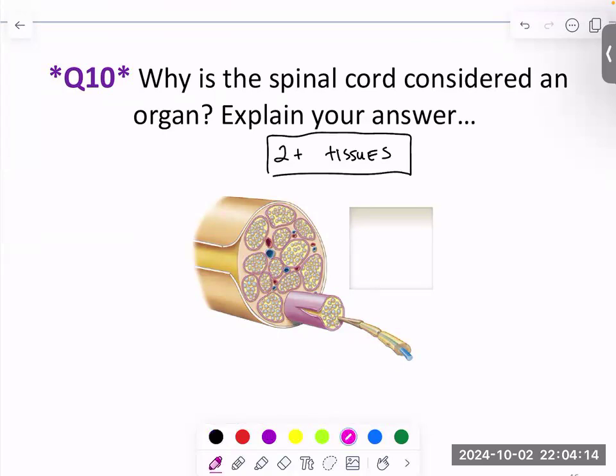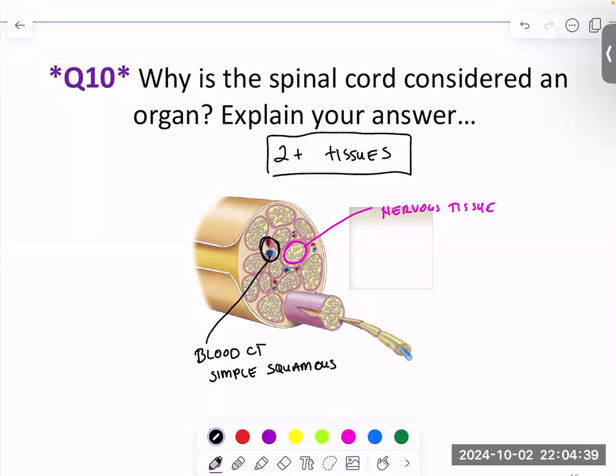Just from this alone, right here, that is nervous tissue. What do we have right here? Blood, connective tissue. Simple squamous epithelial tissue.